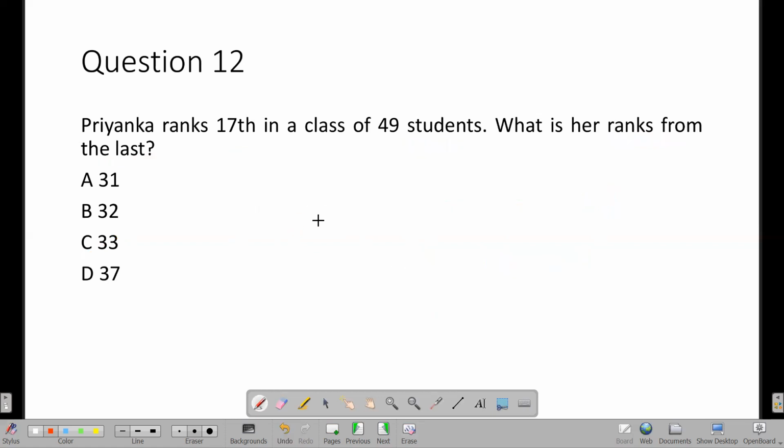Okay, you want to see it the other way around, I shall show you. Priyanka ranks 17th in the class. So consider Priyanka. 17th in the class means in front of Priyanka, 16 people are there. So 16 plus 1, 17. Totally there are 49 students, right? So you can see that following Priyanka, there should be 32 people.